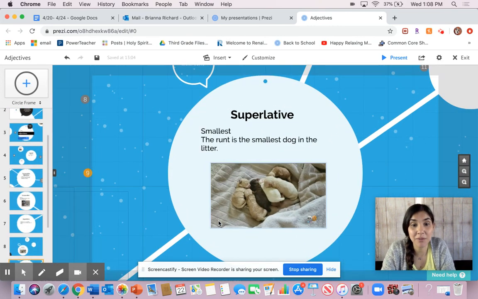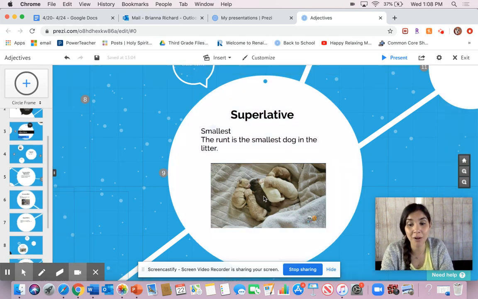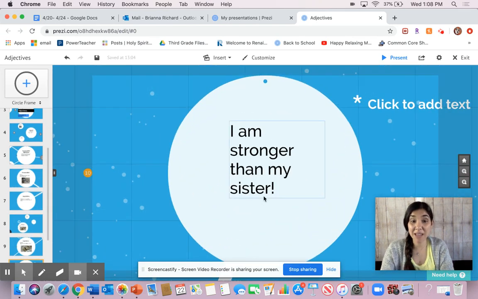Here's another example of superlative. Smallest. The runt is the smallest dog in the litter. So I'm looking at all these little baby puppies in this litter, and I can point one out as the smallest, adding EST to that adjective, small. I am stronger than my sister. Do you guys see an adjective in here?